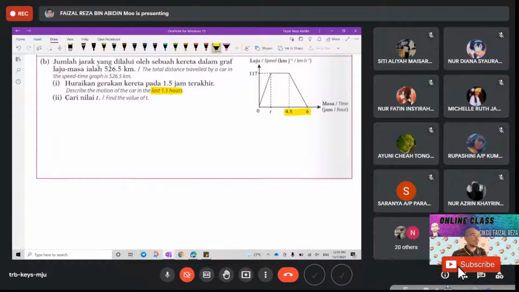So if you are going to find the deceleration over here, you are going to find the change of speed, right? Okay, the rate of change of speed over here. So this is going to be our initial speed, and this is going to be our final speed. So final speed is 0 minus our initial speed 117, over 6 minus 4.5.